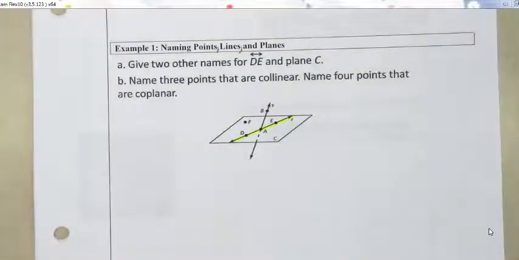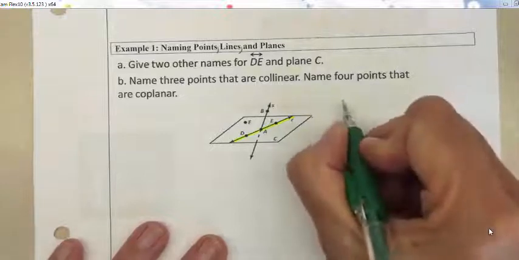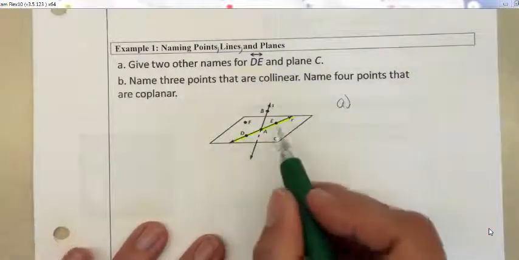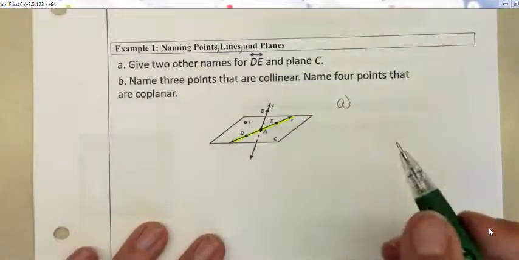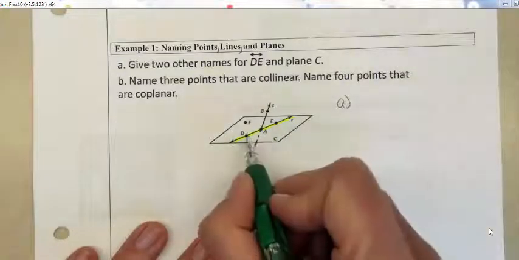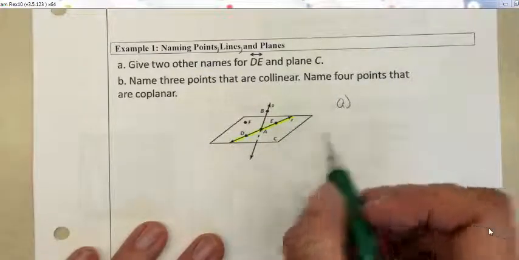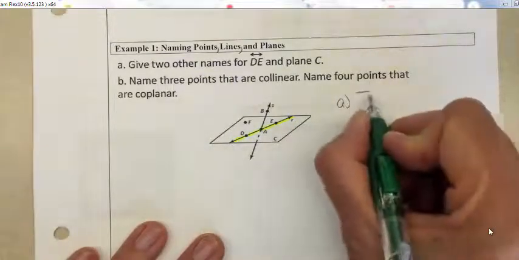Now there are two other ways. Actually, there are several other ways that we could name this. But one other way is by choosing other points that are on this line. So I could call this line AE. I could call this line DA. I could call this line AD. So how about I'll just choose one of those.